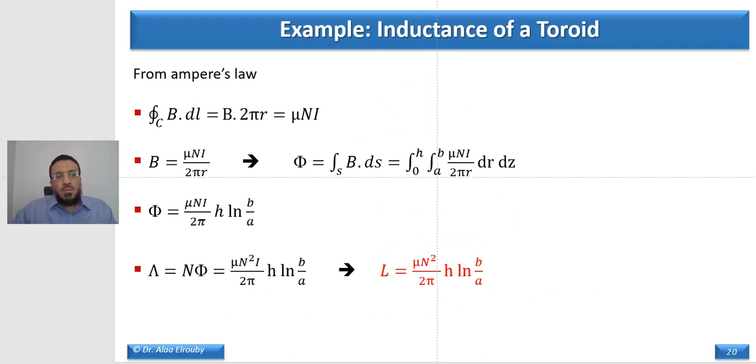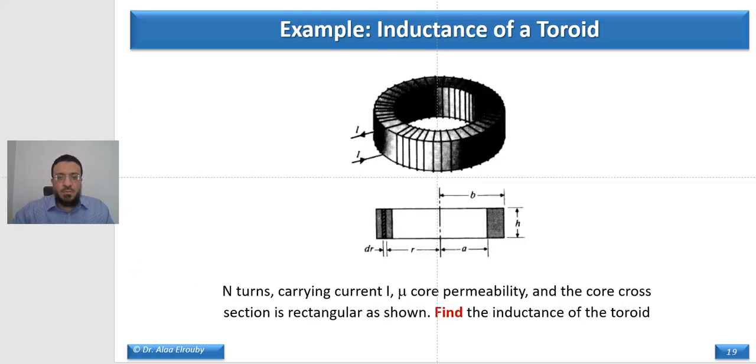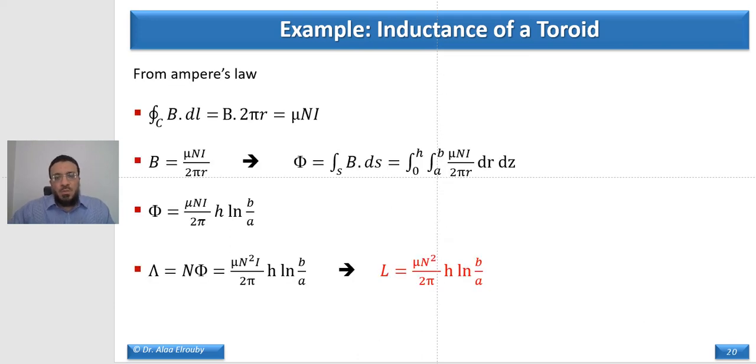Now we would like to calculate the magnetic flux phi over one turn, equal to the integral of B dot ds. Of course, ds is the cross section area, so it's dr multiplied by dz, and we are integrating from r equal a to r equal b, and from z equal 0 to z equal h.